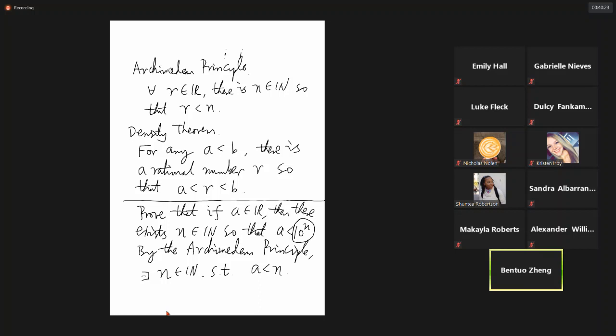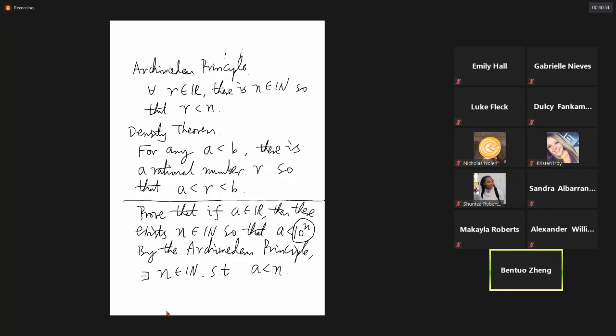Okay, so I think the approach should be how to go from n to 10 to the n. If we can prove n is less than 10 to the n, then we are done, because a is already less than n.